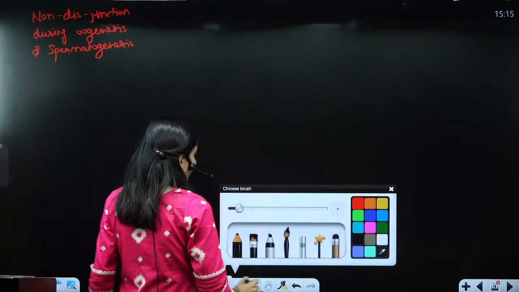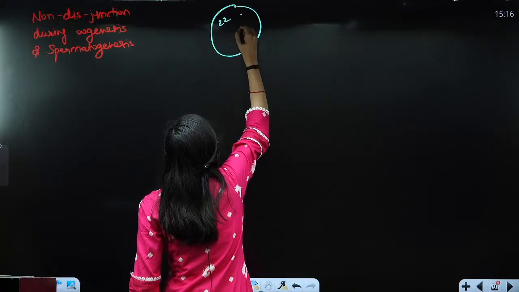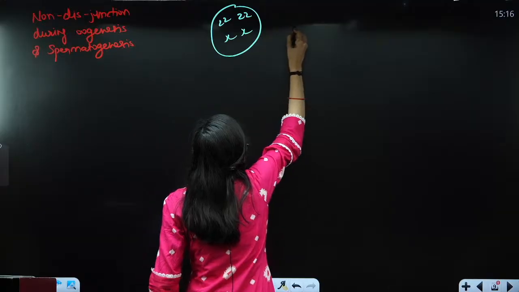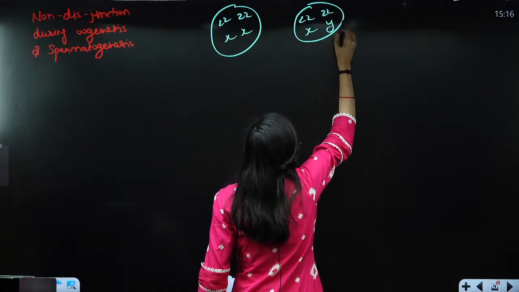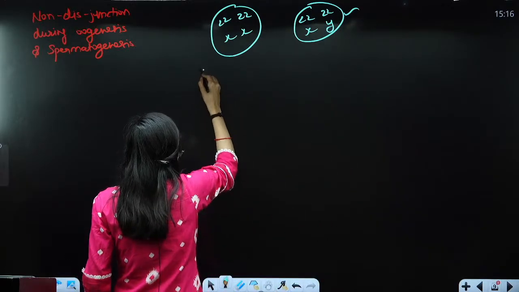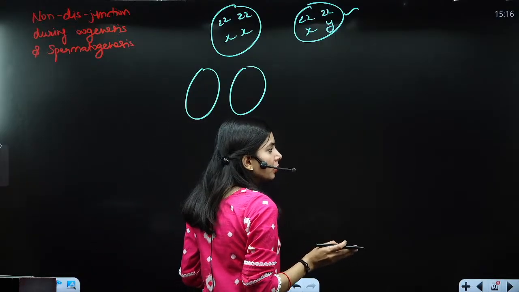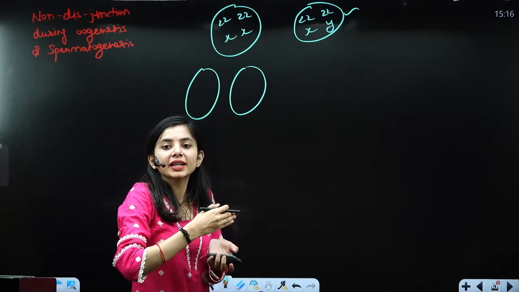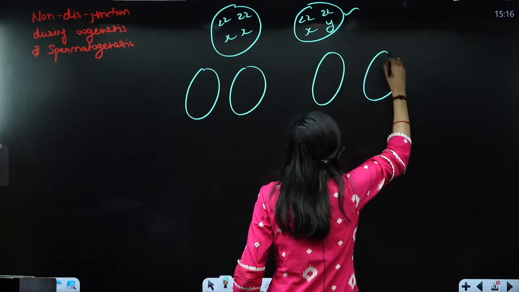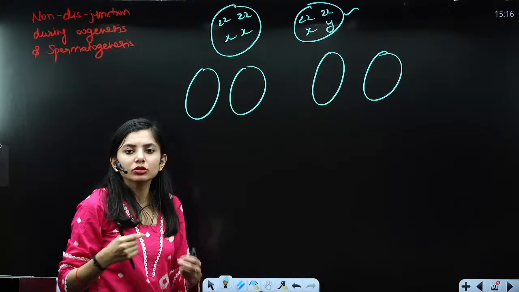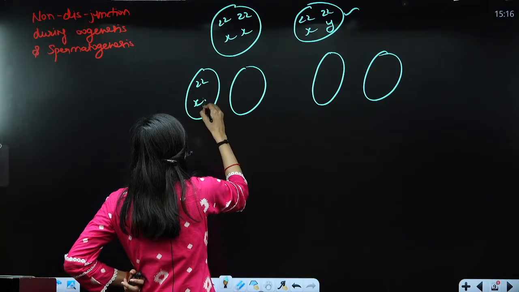And how it would happen, let's try to find out. So in this case, oogenesis is not able to separate itself, as well as spermatogenesis is also not able to separate itself. So now let's try to find out how it will happen.